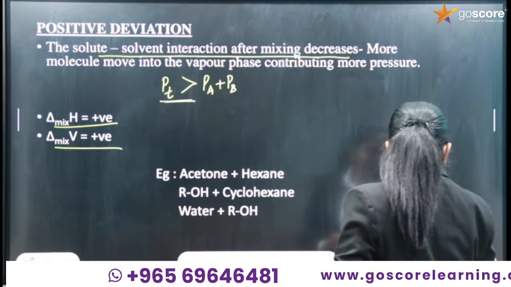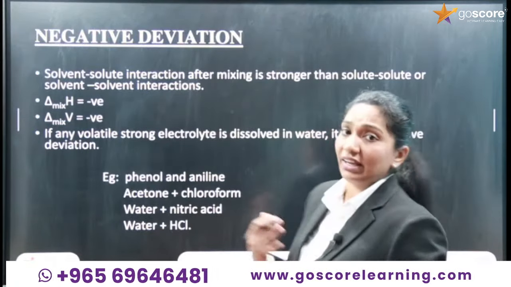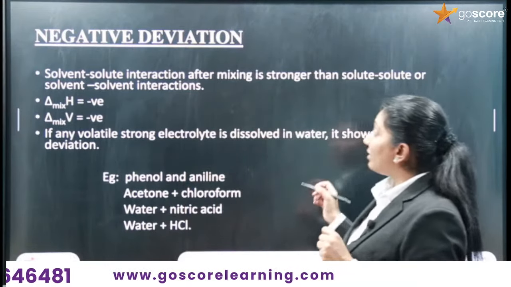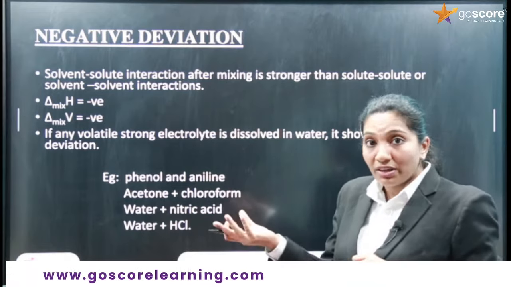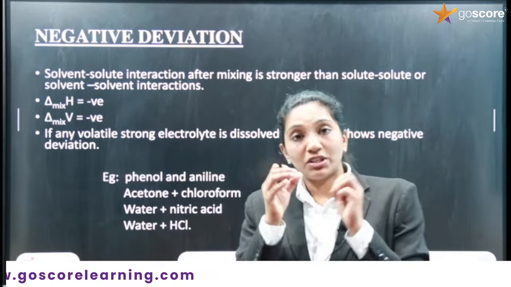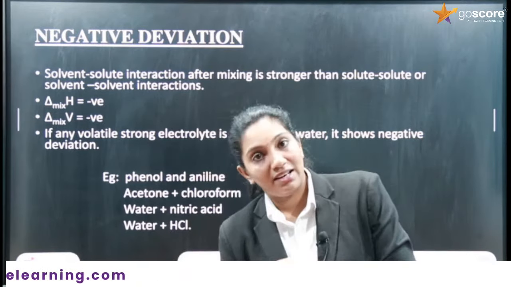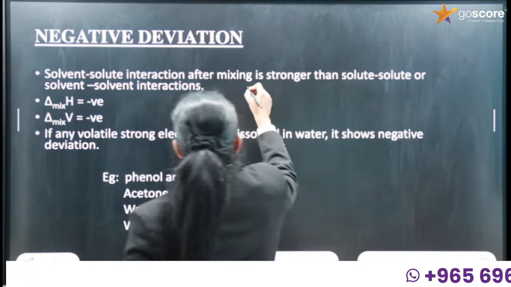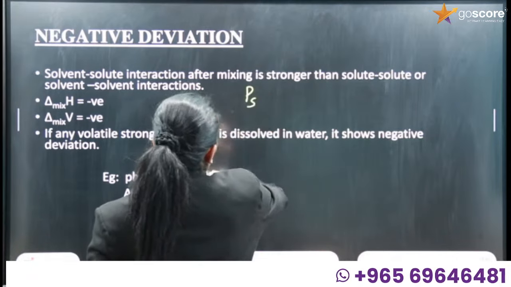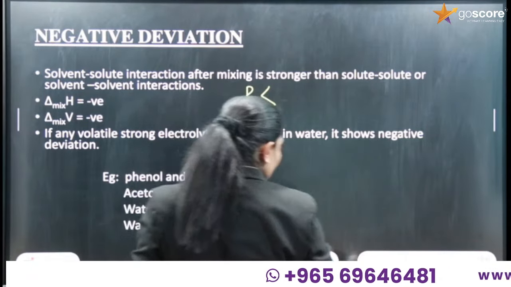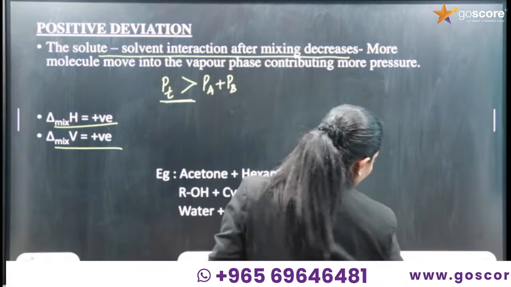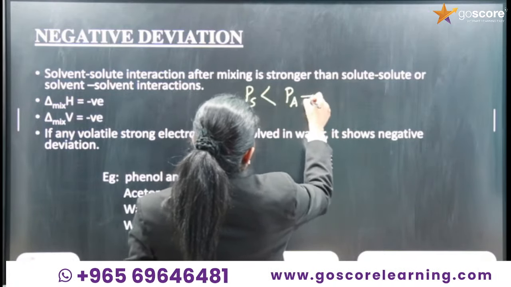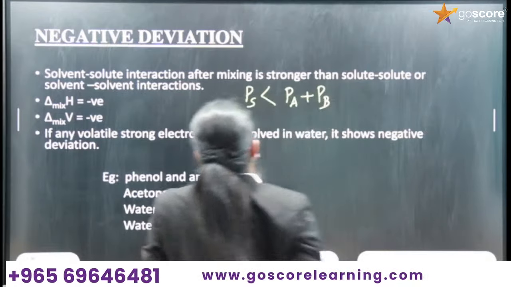Okay. Now let's see the negative deviation. Negative deviation means the solute-solvent interaction after mixing is stronger. There, the vapor pressure of the solution is lesser than that of the solute and the solvent. So here the total vapor pressure will be lesser than PA plus PB.